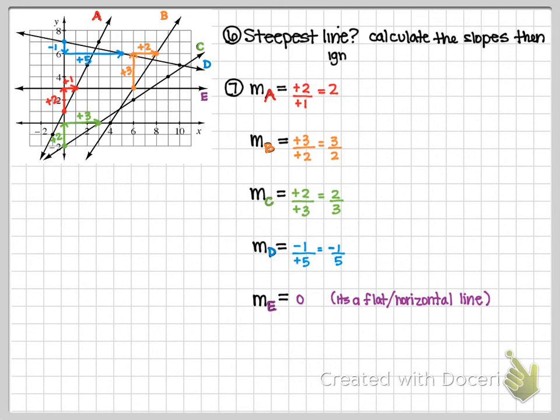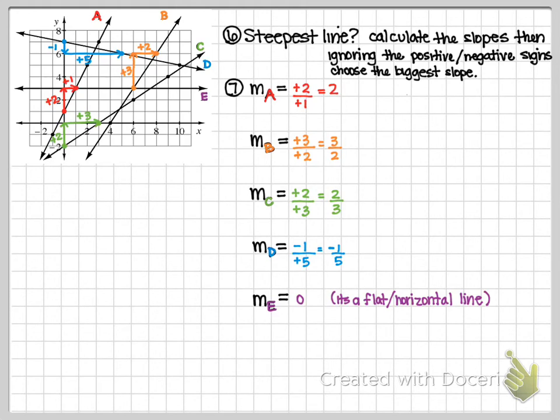So, ignoring the signs, choose the biggest slope. That's how I go through and figure out which line is the steepest.